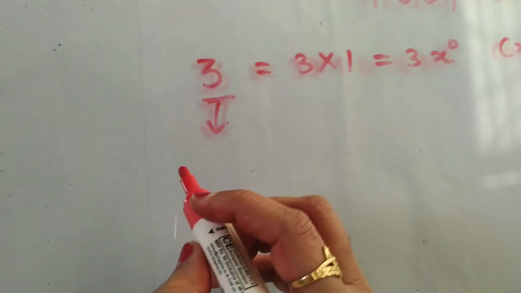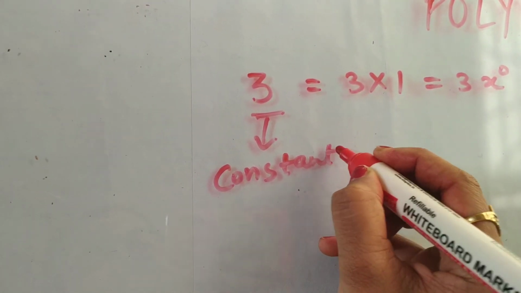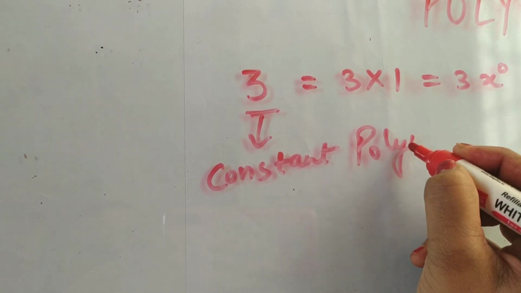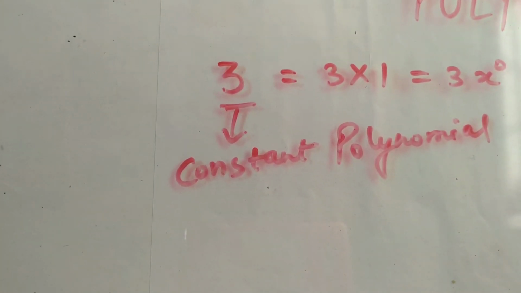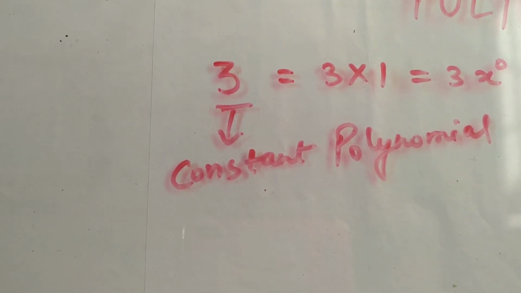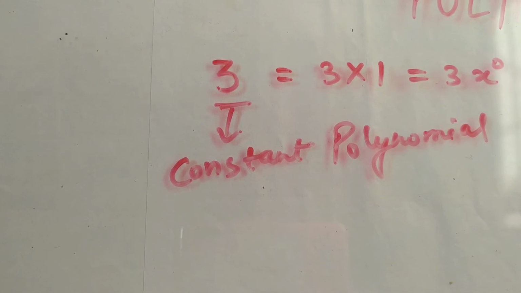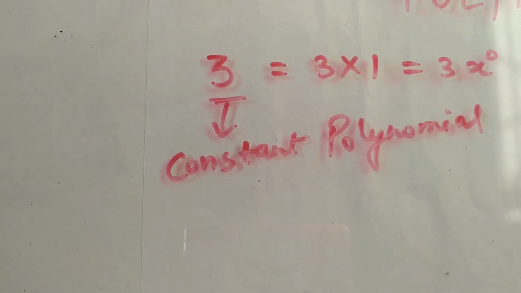What type of polynomial is it? Constant polynomial. That means every number, all real numbers, you studied in the previous chapter. That means all real numbers are polynomials, but the converse is not true.